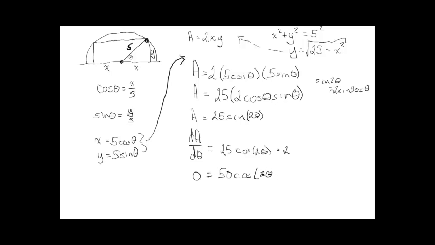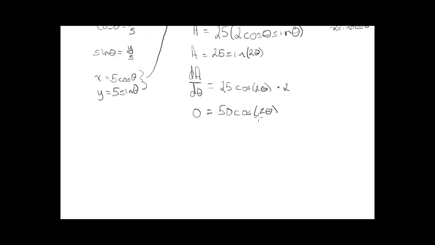cosine 2 theta. So when does cosine 2 theta equal 0? Remembering that theta was an angle in a right angle triangle, so it must be less than pi by 2, but bigger than 0, which means 2 theta must be less than pi, but bigger than 0.